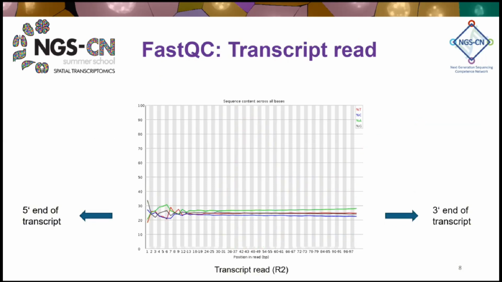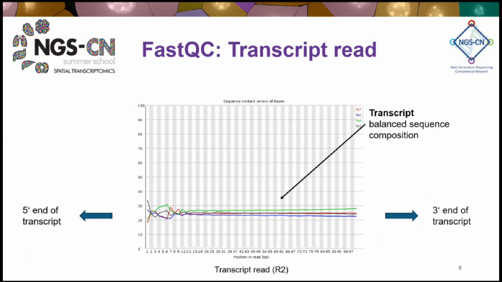Good. We can do the same for the transcript read. And here we again have to remember that we sequence in the opposite direction. So that means now we have the 5' end of the transcript here and the 3' end of the transcript here.